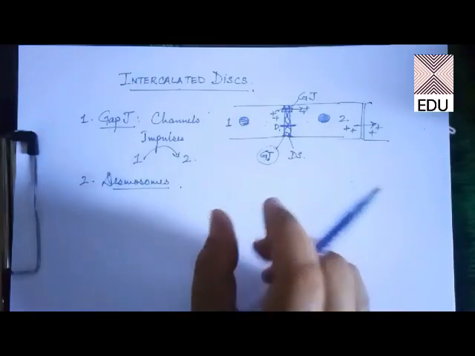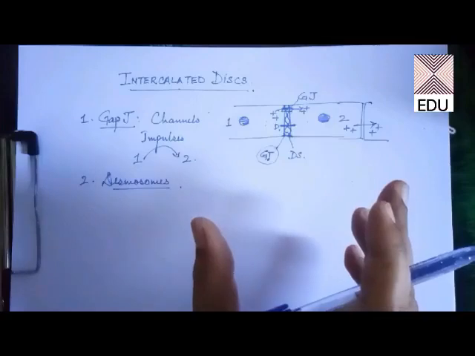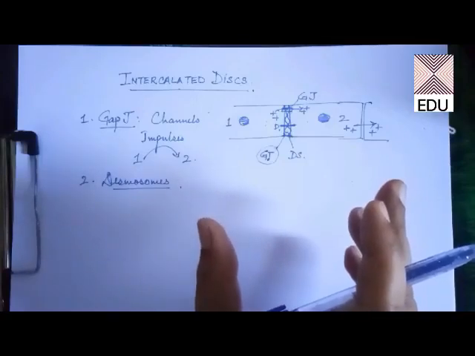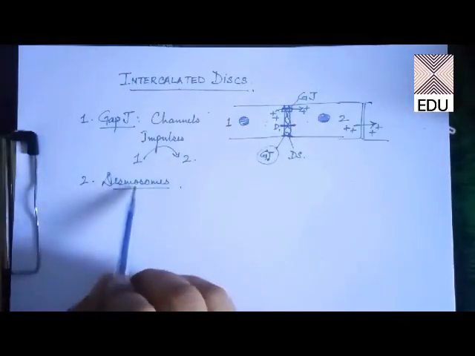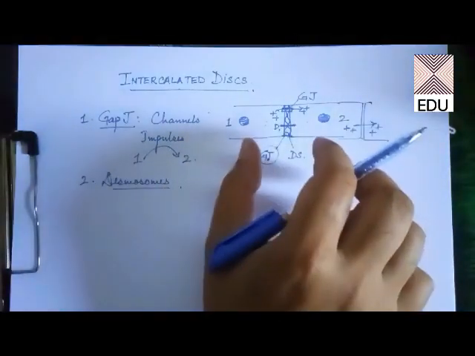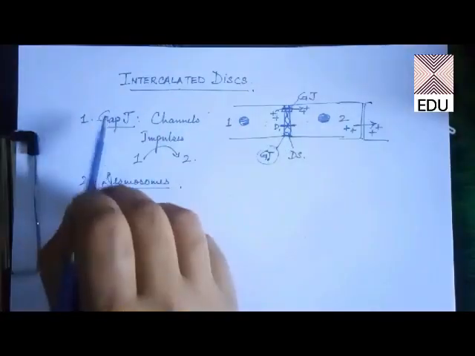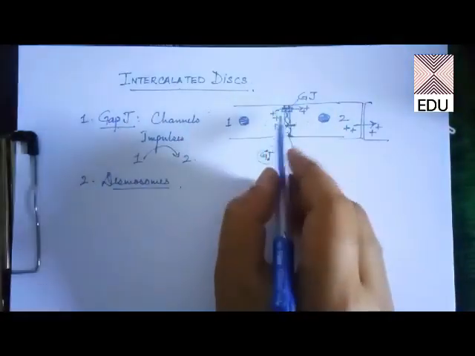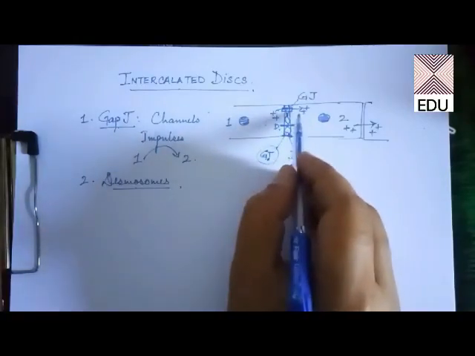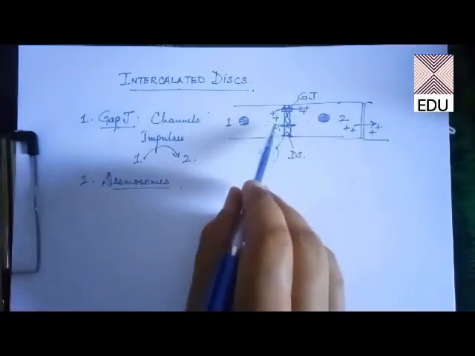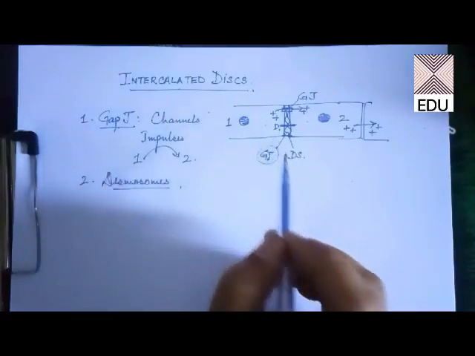So the cells do not pull apart when they are under stress, or beating, or contracting. Desmosomes help to keep the cells in position, and the gap junctions help in the conduction between the cells. So that's why intercalated discs are very, very important in cardiac muscles.